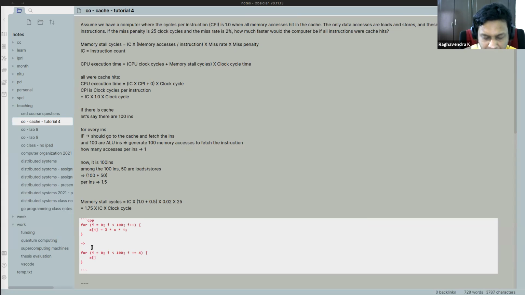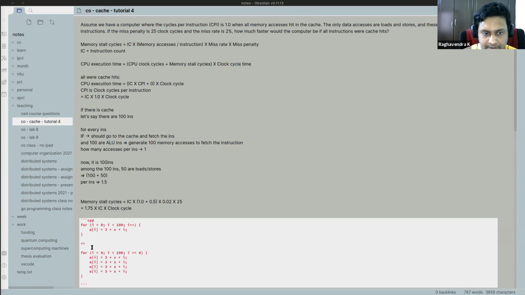Now what it will write is a of I is equal to 3 into x into I, and then maybe a of I plus 1, I plus 2 and I plus 3, assuming that the boundary conditions are taken care of. We are not worried about any such things.